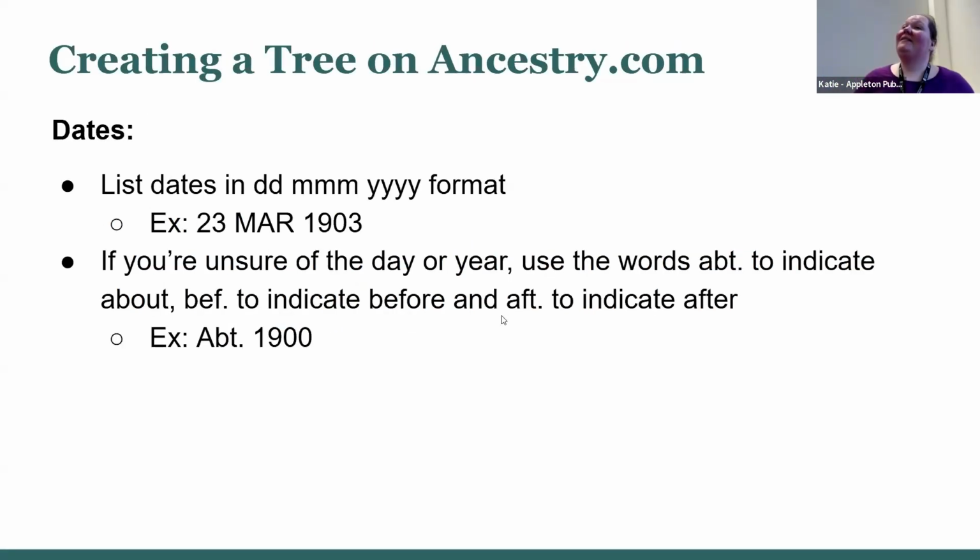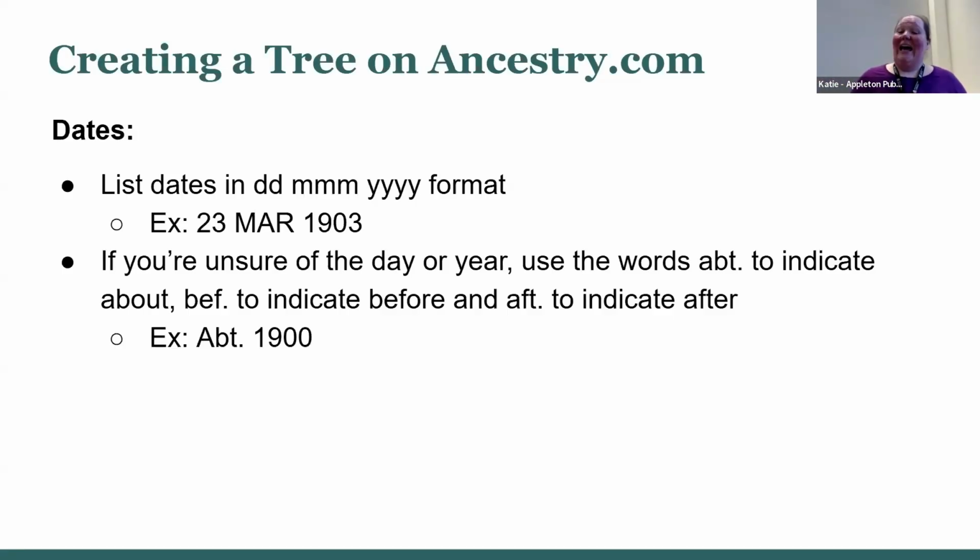With dates, you always want to list it in a specific format. So day, 3 letters for the month, so abbreviate the month, and then the 4-digit year, because of course, if you just put in 03, do you mean 1903, 1803, 1703, 2003? You always want to do the 4 digits of the year. If you're unsure of the day or the year, you can use the words ABT to indicate about.